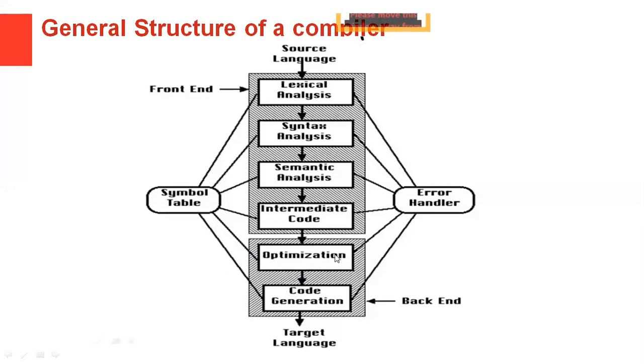Optimization means we remove any unwanted statements present in the intermediate code, and the output of code optimization is given to the code generation. Code generation is finally the last phase of the compiler.